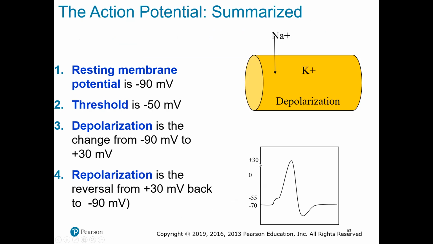So the resting potential is minus 90. Threshold is minus 50. If we hit minus 50, we will go all the way up to plus 30, and then we will repolarize all the way back down to minus 90. So we can do it all again.